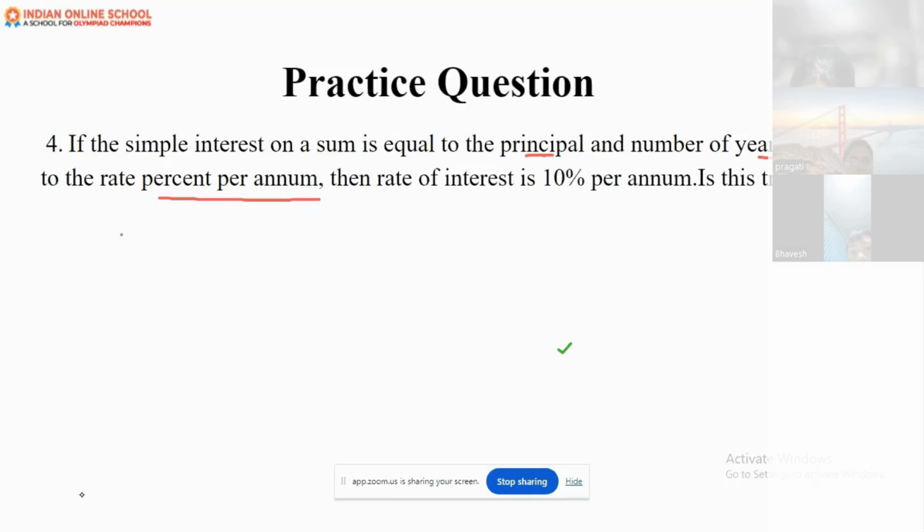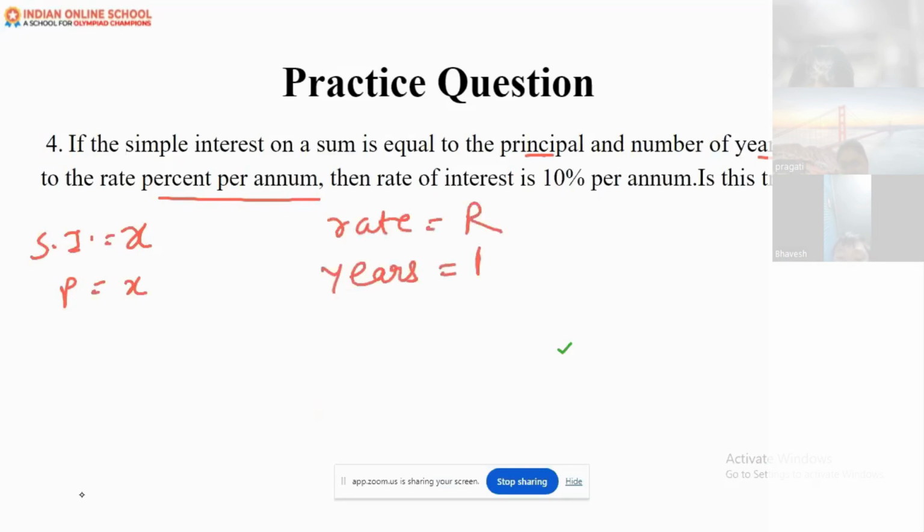Let's suppose simple interest is x, so the principal will also be x. Now the number of years is equal to the rate of interest. If the rate of interest is r, the years will also be r. Now put all the things in the SI formula and find.